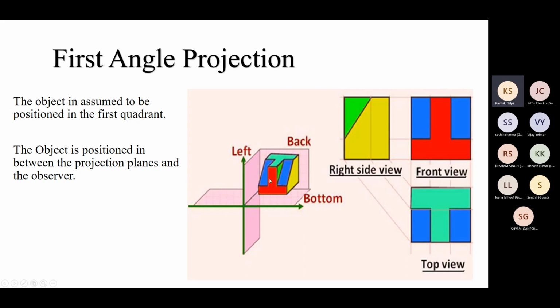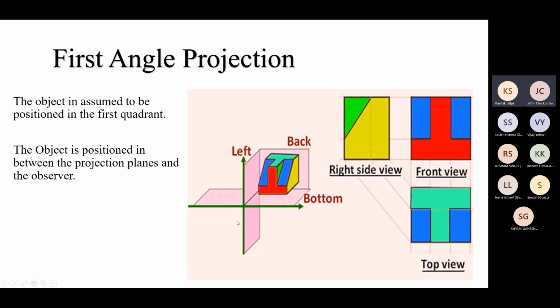We always move through these quadrants anti-clockwise. If you are projecting here, both the top view and the left side view will be in the same quadrant, so it's not possible to draw in the second and fourth quadrants. In India, the UK and all other countries, we use the first quadrant, which is first angle projection. Only in the US and certain countries do they use third angle projection.